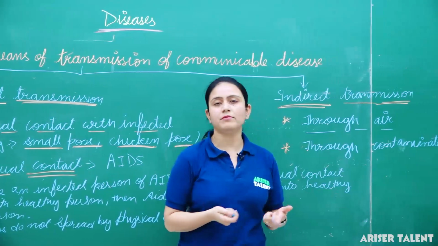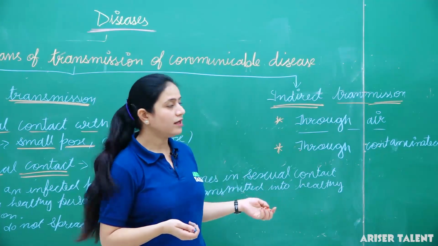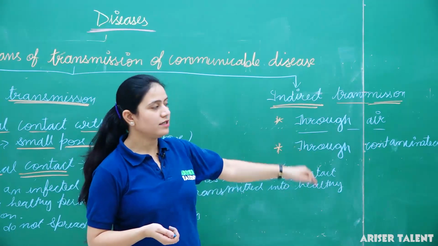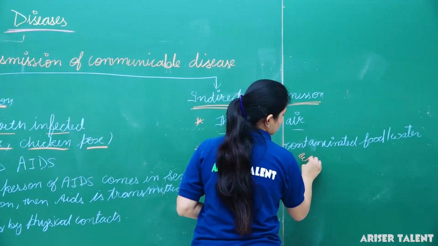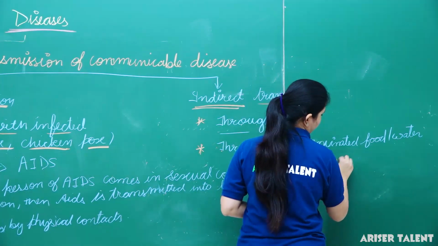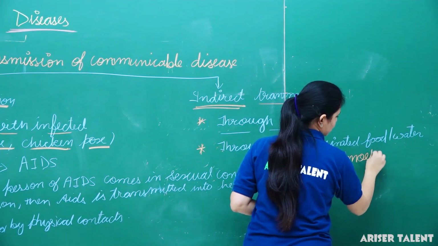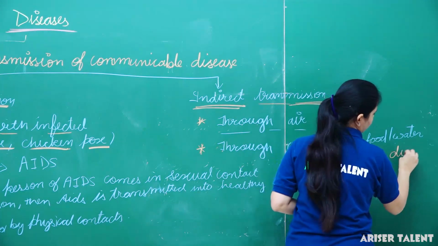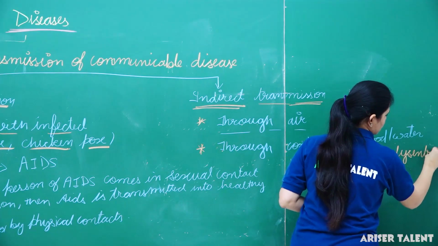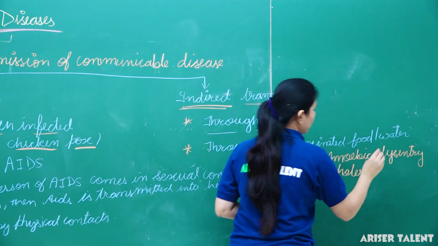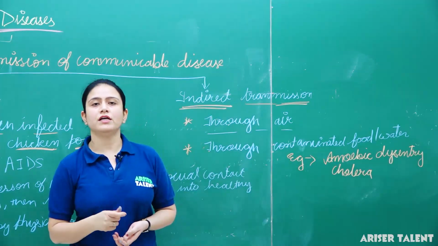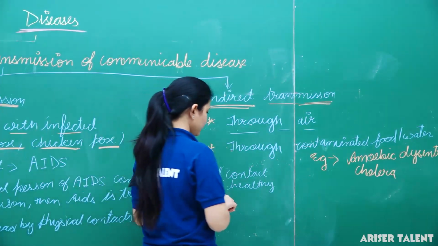All the diseases like amoebic dysentery and cholera are caused by taking in contaminated food or water. What are the examples? Amoebic dysentery, cholera are caused by intake of contaminated water.